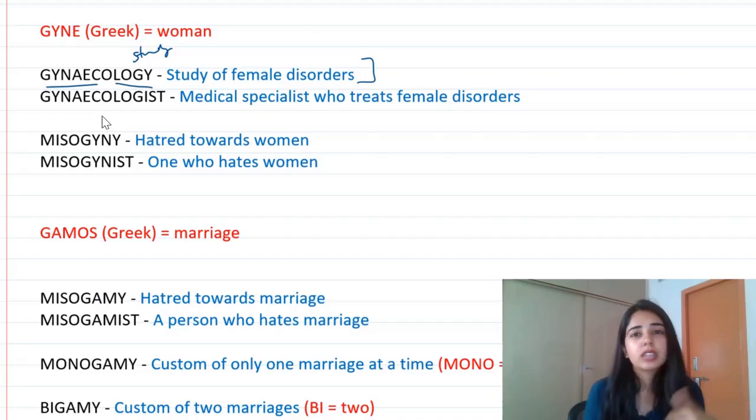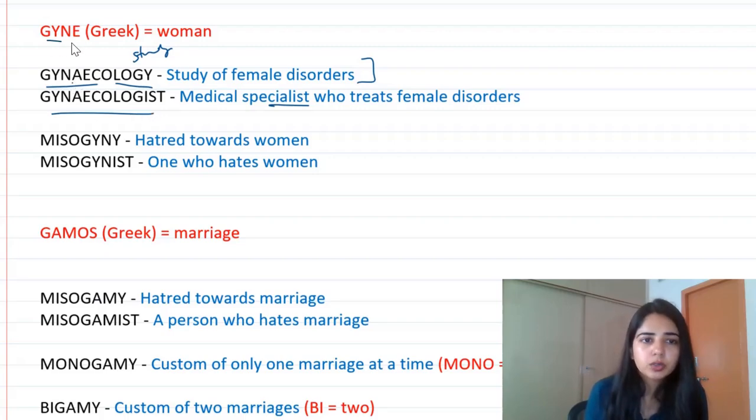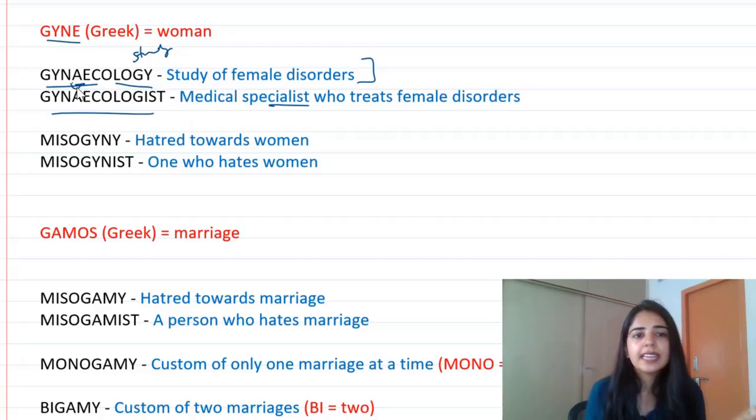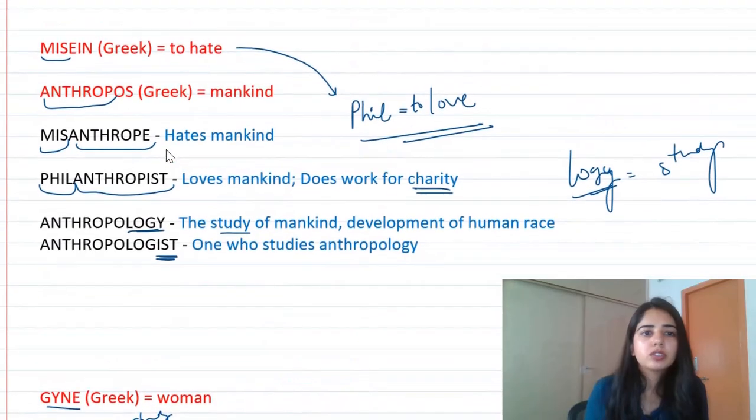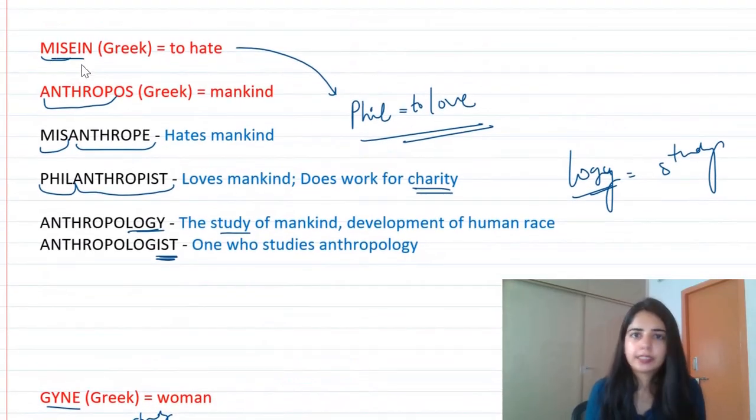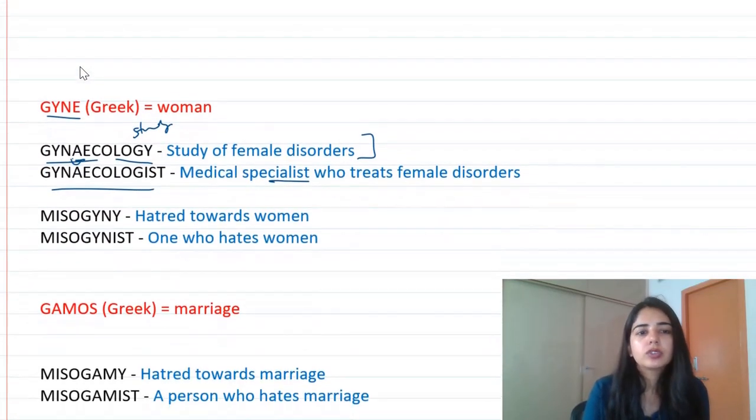And anyone who studies gynecology or is a medical specialist who treats female disorders is known as a gynecologist. From this root word we actually add an extra a here. Gynae, gynecology, gynecologist.